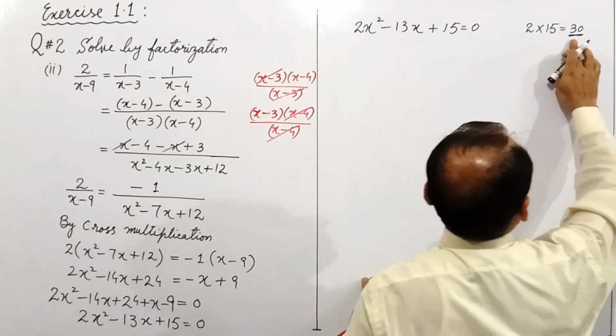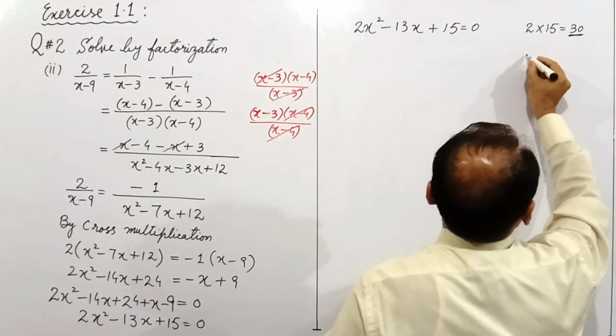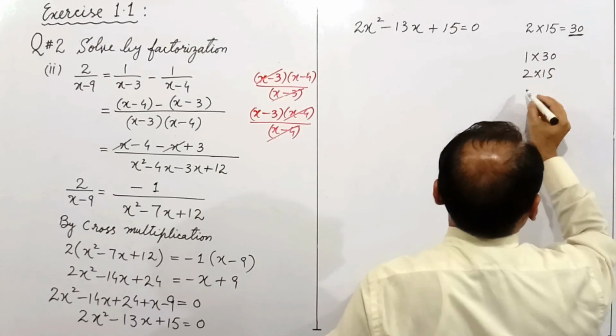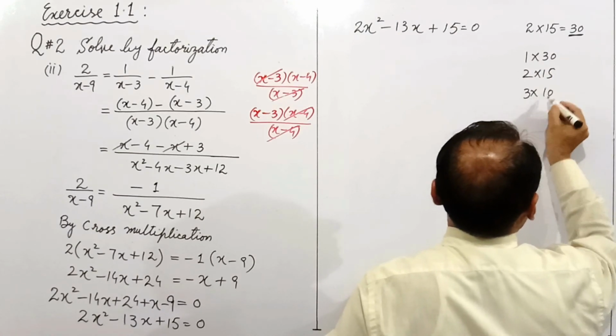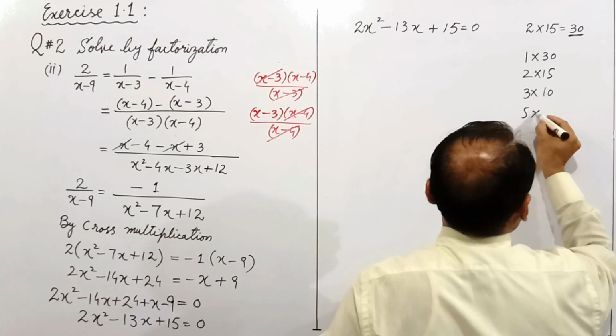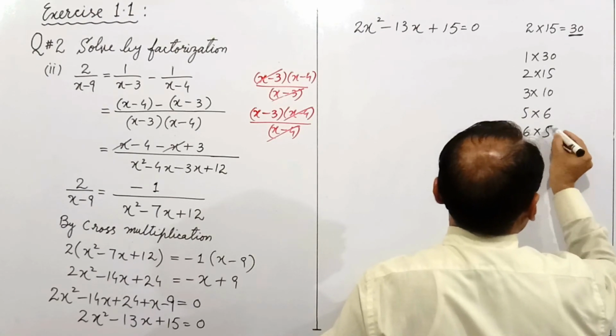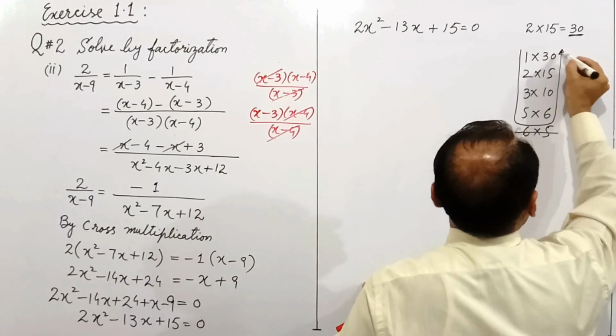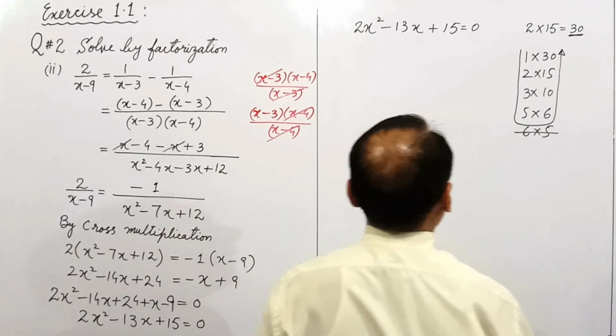We have to find the factors of 30, and these are 1 into 30, 2 into 15, 3 into 10, 5 into 6, 6 into 5. Factors are repeated, we stop making more factors, and now we have to choose the right pair.